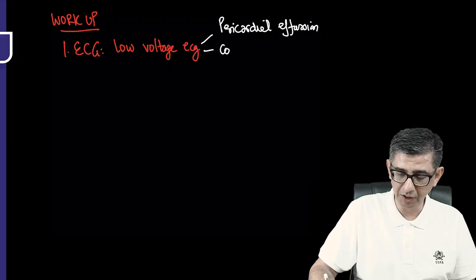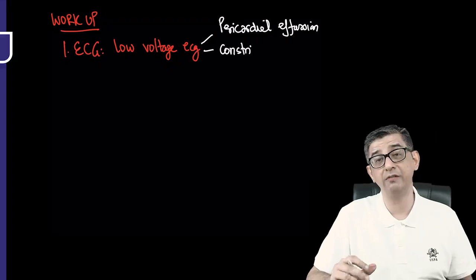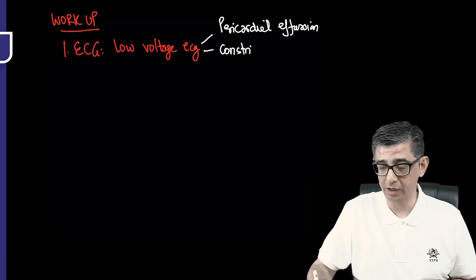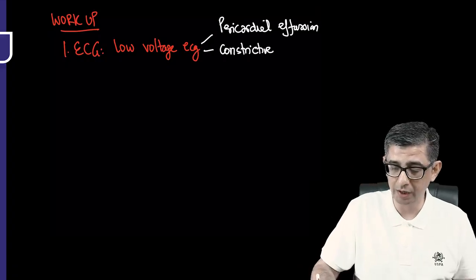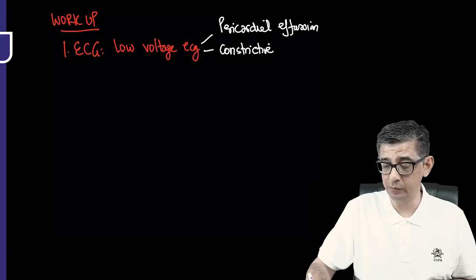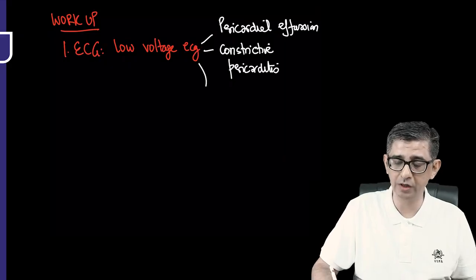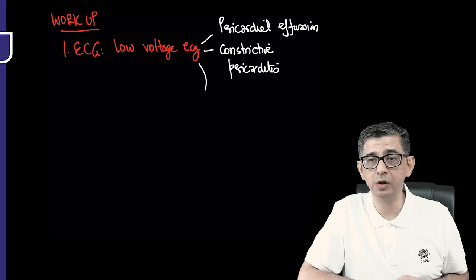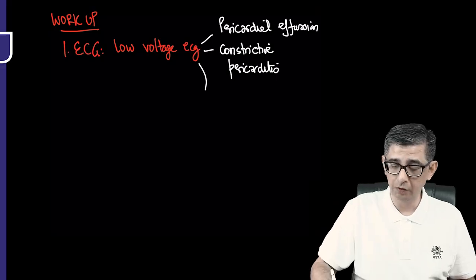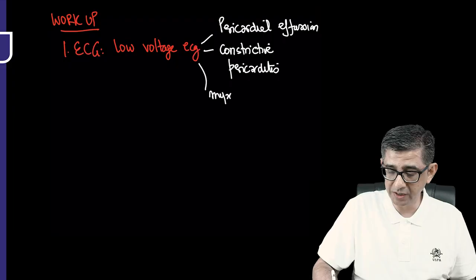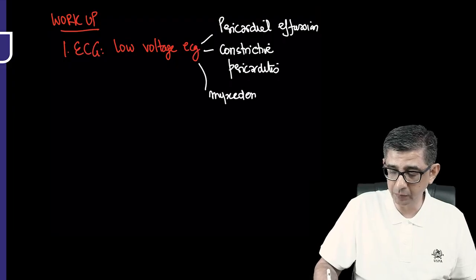If there is a calcification outside the heart, a condition usually a sequela of tubercular pericarditis, this would be constrictive pericarditis. The calcium deposited in the outer layers of the heart could again be responsible for low voltage ECG. Even an endocrine condition, that is myxedema, which is seen with hypothyroidism.